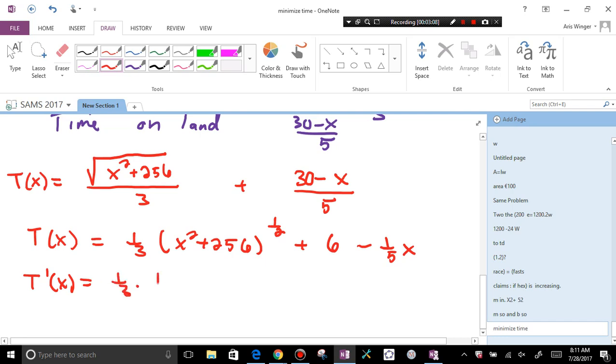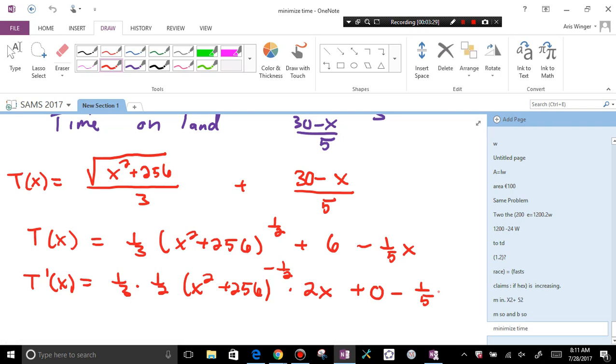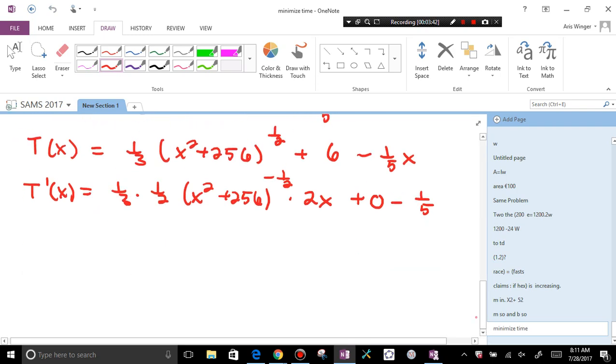T prime of x equals 1/3 times 1/2 (x squared plus 256) to the minus 1/2 times the derivative of x squared plus 256, plus 0 minus 1/5. We're looking for x. X should be some number between 0 and 30. This is equal to 1/6 times 2x times 1 over the square root of x squared plus 256 minus 1/5 is equal to 0.